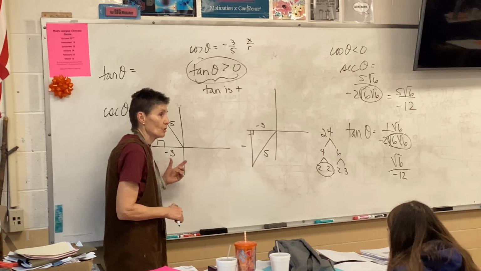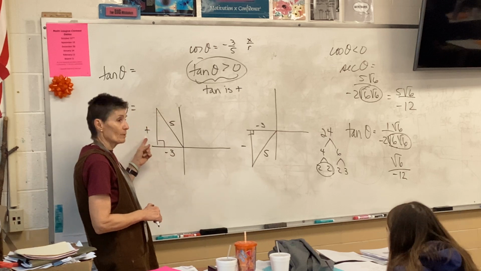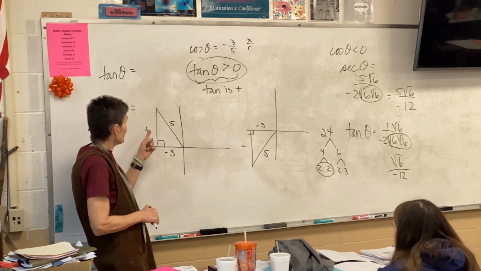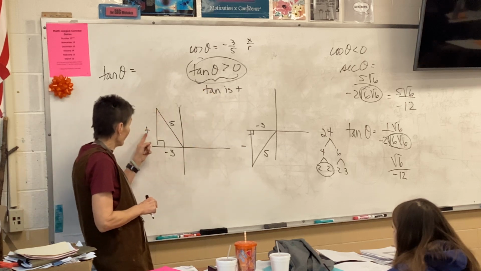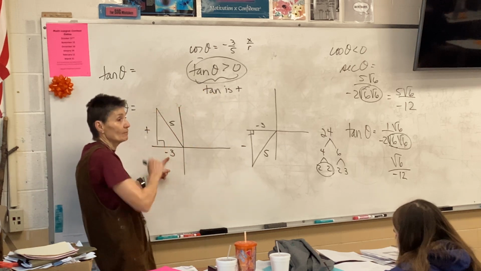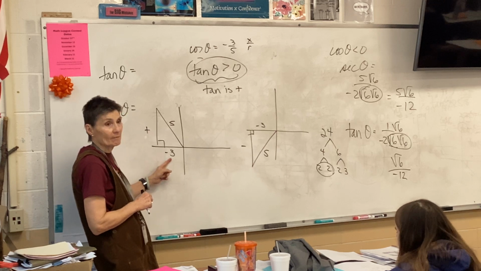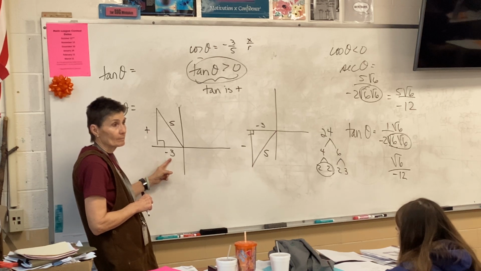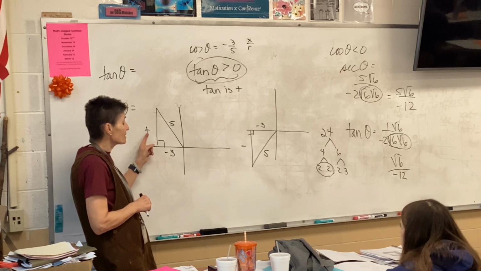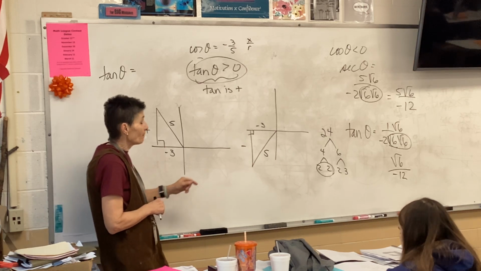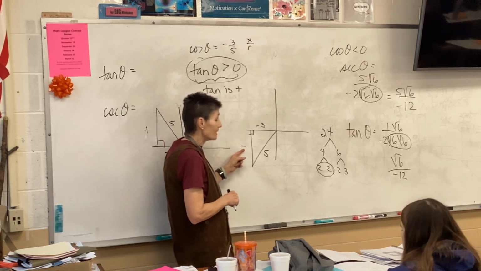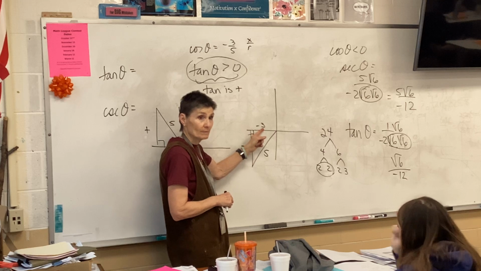So in this picture, I don't know what that number is, but it's positive. If I do opposite over adjacent, which is tangent, will that come out to be a positive number? Will this be positive? Positive over negative. Not positive. How about over here? Negative over negative.